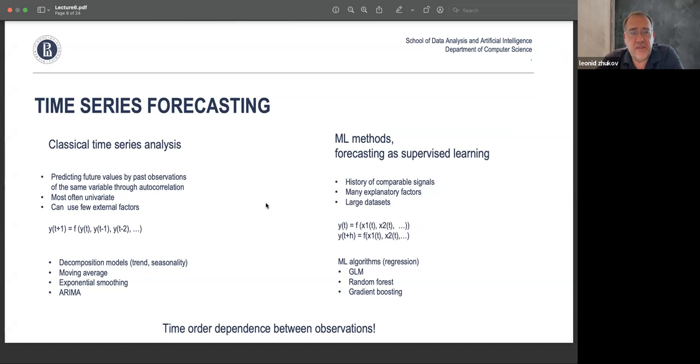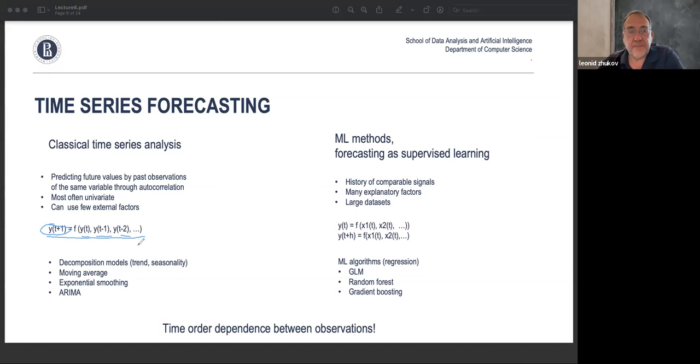Most often those techniques are univariate, though sometimes multivariate and can use some external patterns, but that is quite rare in those methods. The bottom line is that the method is trying to predict the value of the quantity of interest, say y at time t+1, based on its values at the previous moments of time. Sometimes you try to predict a few steps forward, sometimes just the next time step.